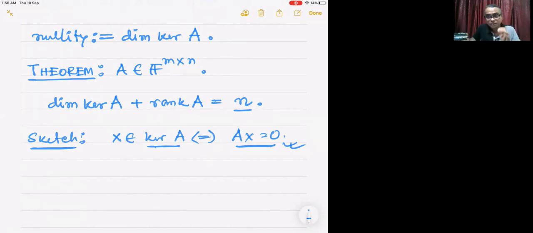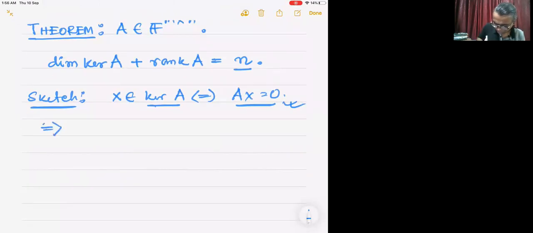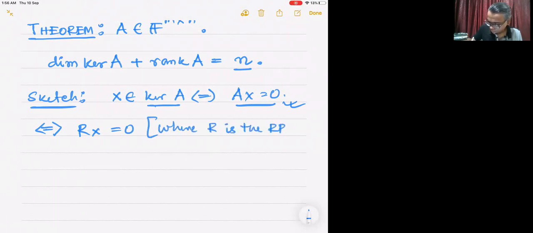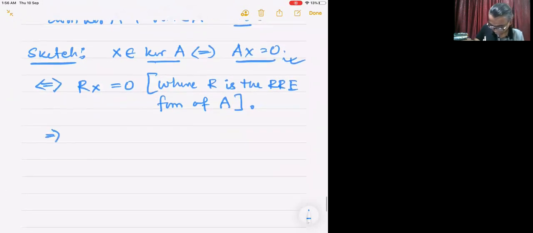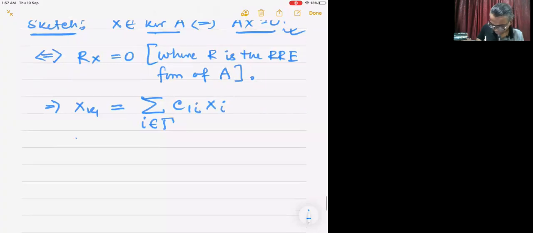Those variables can take any value. And we have seen before, you have done it yourself as a homework problem, that in that case you can write down all the solutions as a linear combination of some vectors, those vectors which are obtained from the row reduced echelon form of A. So this is if and only if Rx is equal to 0, where R is the row reduced echelon form of the matrix A. But then this is nothing but xk1 equal to a linear combination of some C1i xi, i in the gamma set. xk2 is equal to the summation over i in gamma of C2i xi.